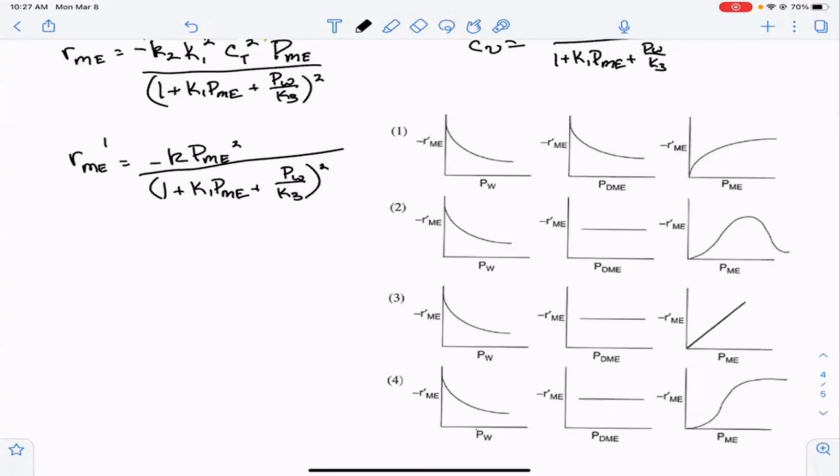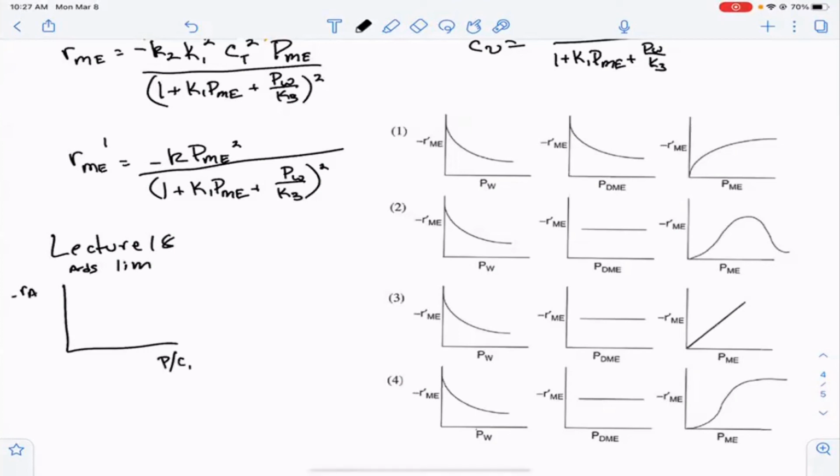And we said in lecture 18 that when you were adsorption limited, the rate law over the pressure or concentration would be linear. When we were reaction limited, it would go up and then level off. And if we were desorption limited, it would be flat.